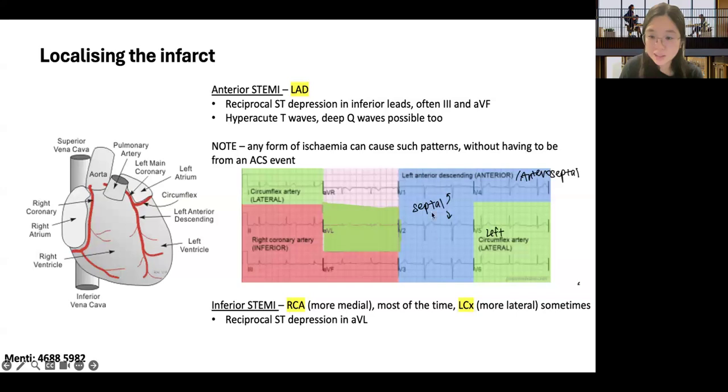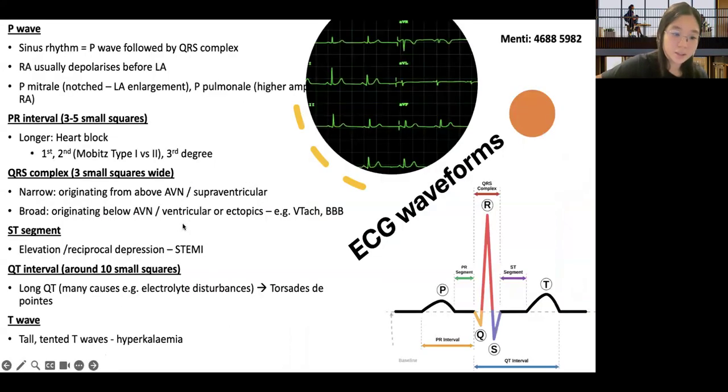So these leads V1 to 4 point more towards the territory in the heart supplied by the left anterior descending. So this is the anterior side, but sometimes the opposite side of the heart would then have depression instead. So this is elevated and that is depressed as a result of that. If that makes sense. So that's what I'm trying to say.